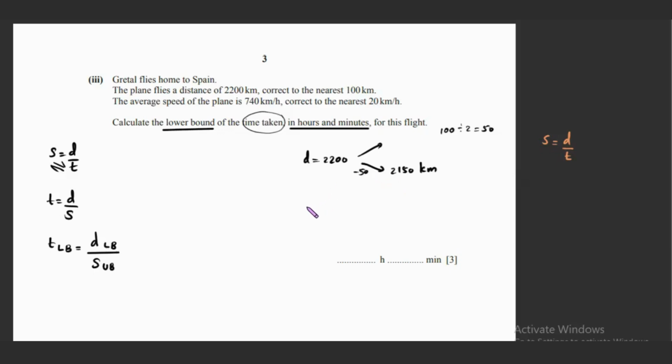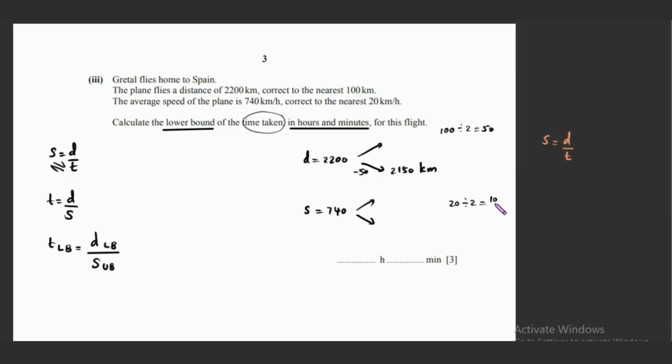The same way, when it comes to speed, speed is given to us as 740 kilometers per hour. Now in this speed, we need to calculate the upper bound. And it's been rounded to the nearest 20 kilometers per hour, which means I need to divide this 20 by 2, which is 10, to find what number should be added or deducted to calculate the upper bound and the lower bound.